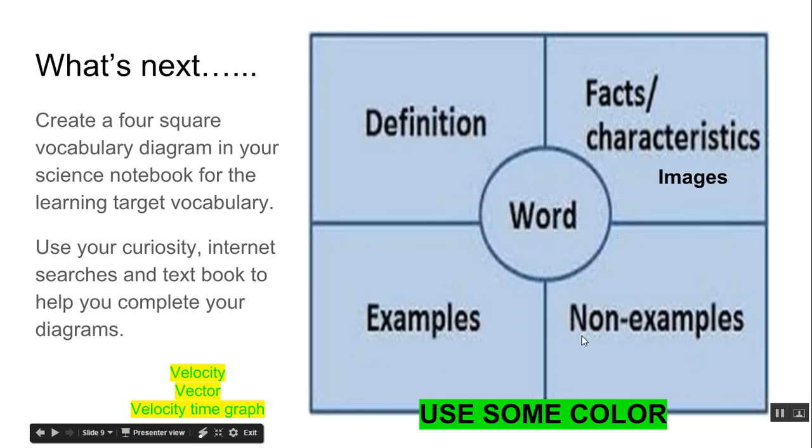And you can see here how you set it up in your notebook. We've got our word in the middle, a definition in your own words, then facts, characteristics, and images, some examples of that word, and then some non-examples or what that word is not. And as always, be sure to use some color as you're completing your work.